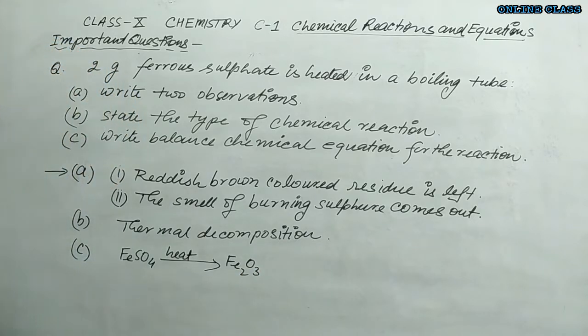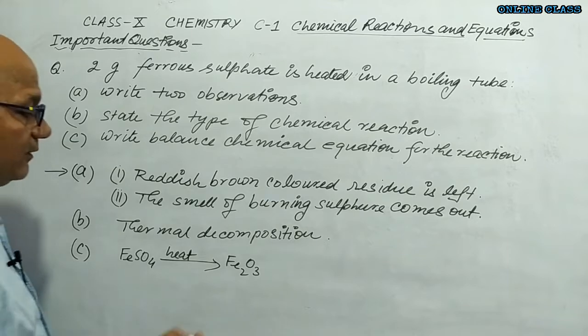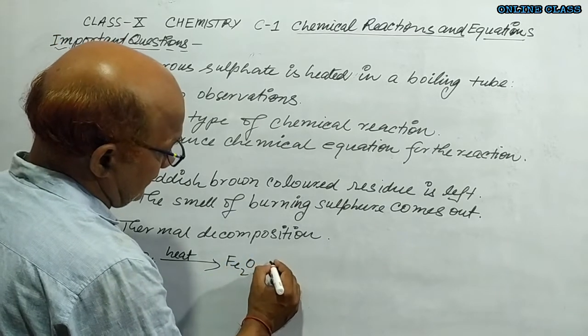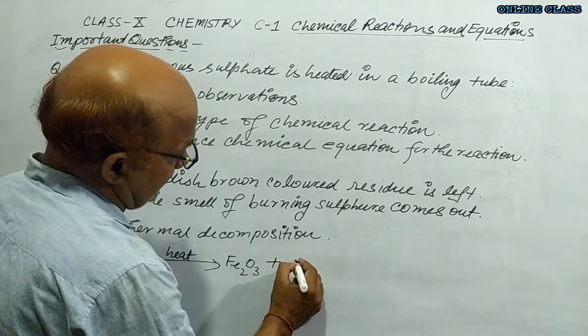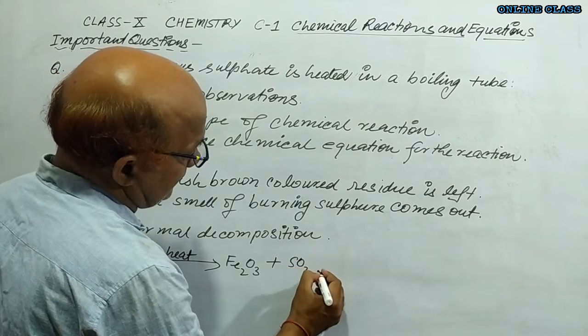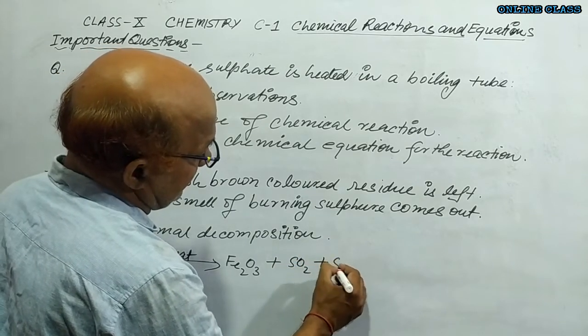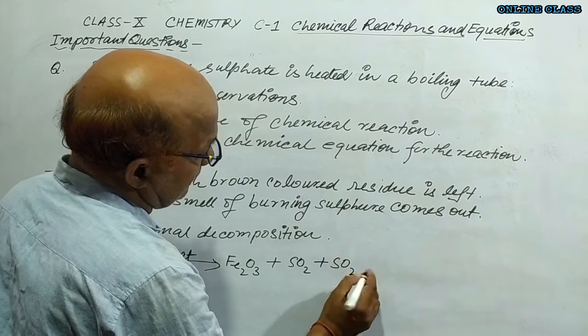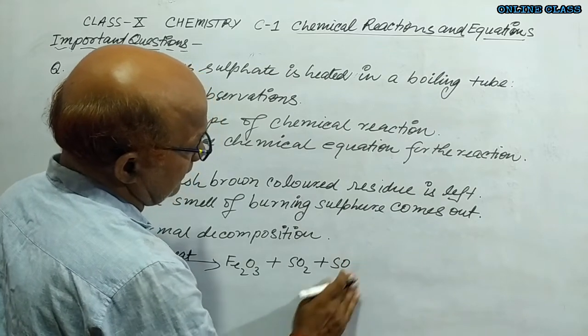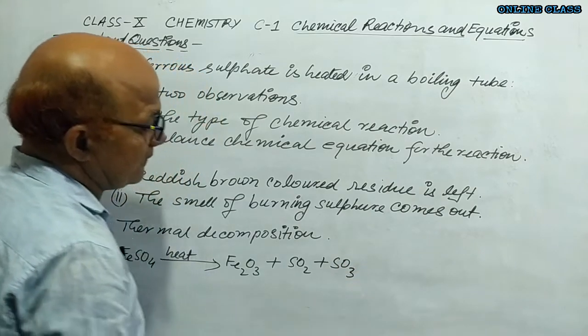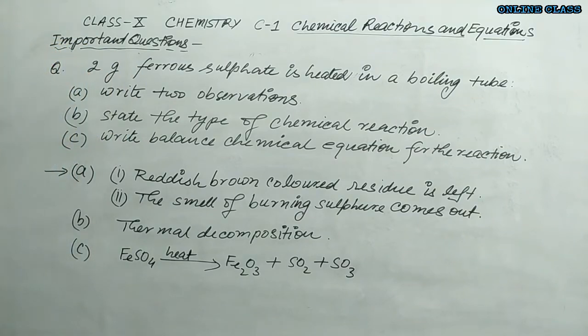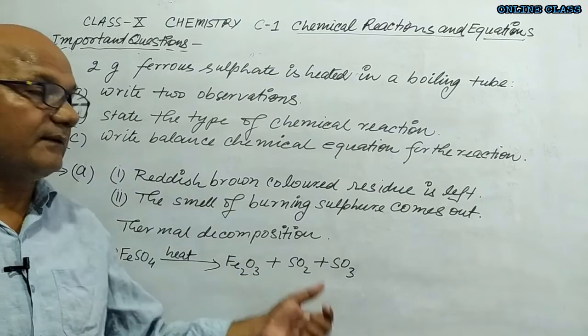iron third oxide is formed in the form of reddish brown colored residue, along with the release of sulfur dioxide and sulfur trioxide gases. This is the balanced chemical equation.